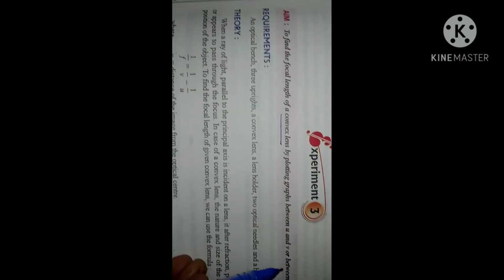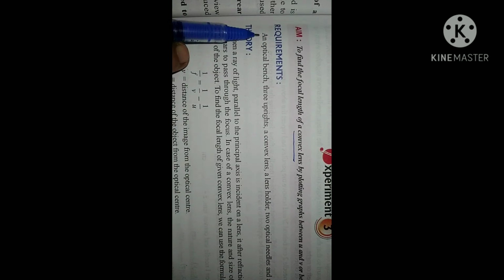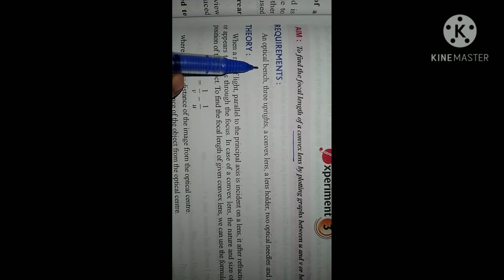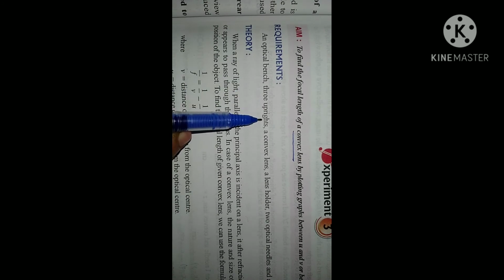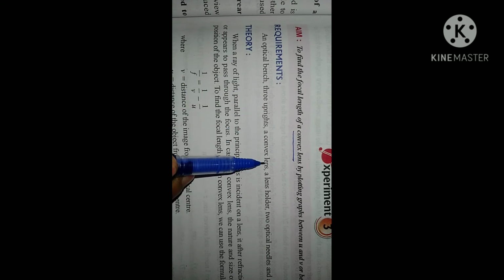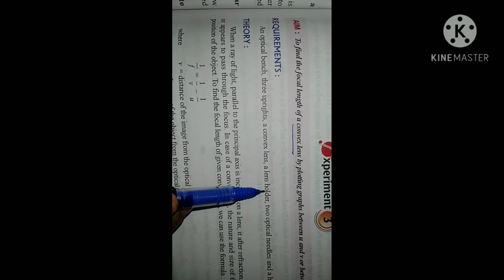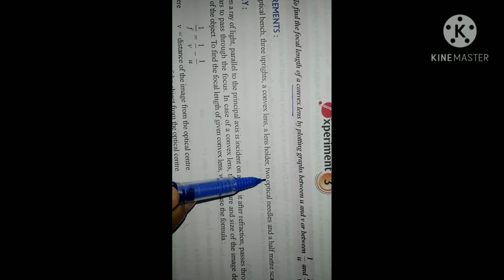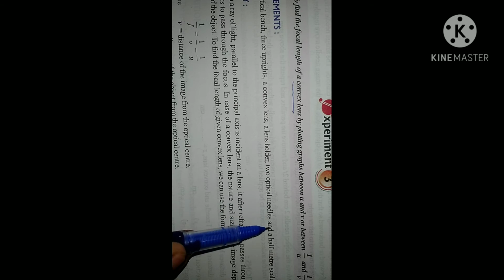Clear? Here the requirements are: first is an optical bench, 3 uprights, a convex lens, a convex lens holder, 2 optical needles, and a half meter scale.